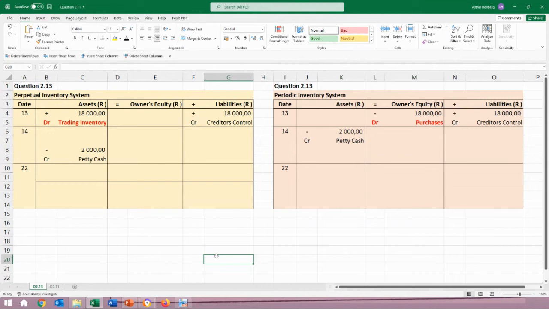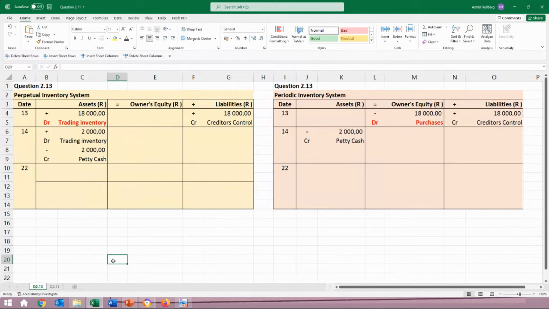Under the perpetual inventory system, any cost that you incur to bring that inventory to a location and condition necessary to sell it will always be capitalized to your inventory account. So for that reason, we would debit our trading inventory with the 2,000 Rand.